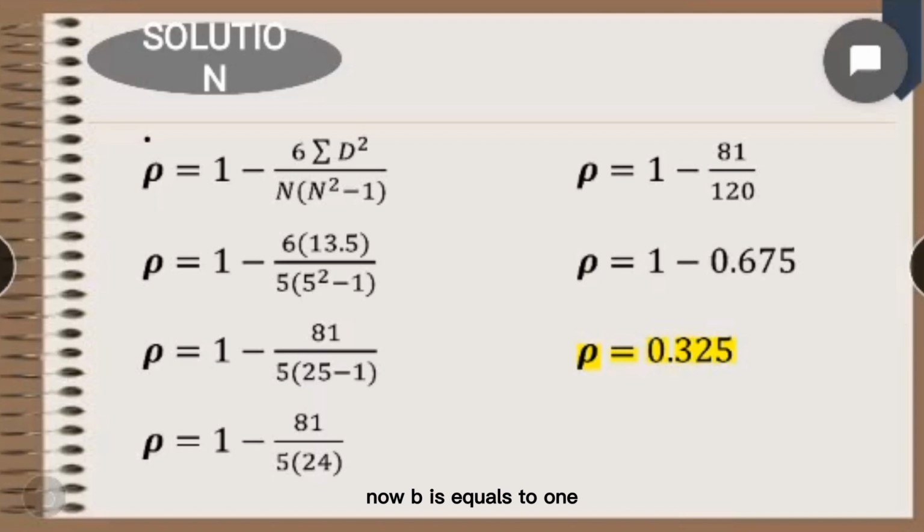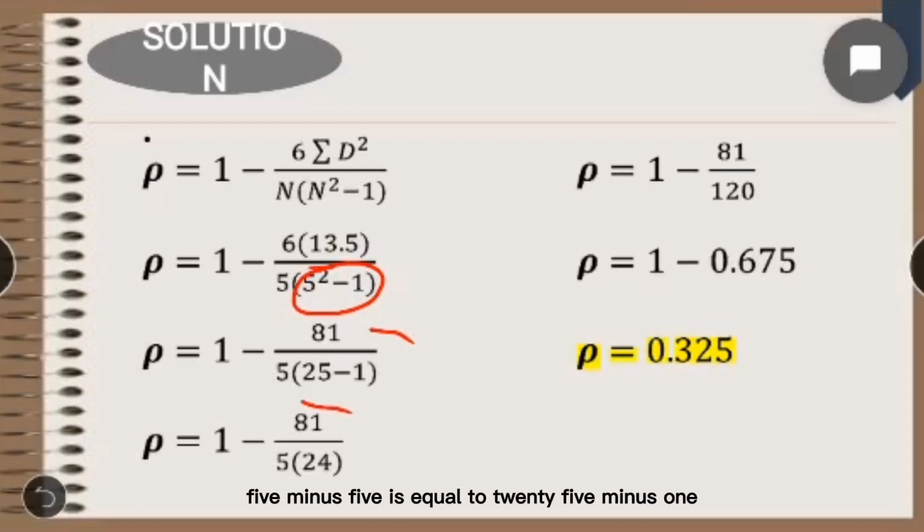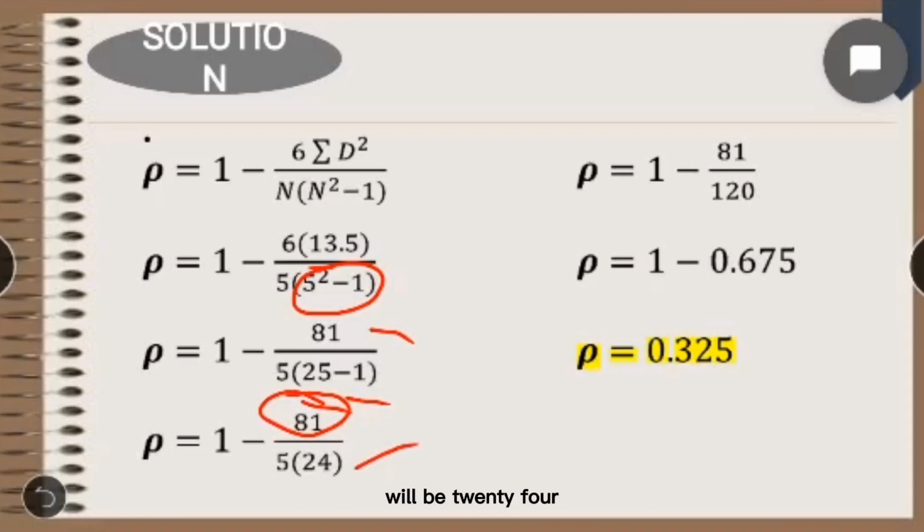Now, P is equals to 1 minus 81, kasi nga 6 times 13.5 is equals to 81. Then, 5 times 5 is equals to 25 minus 1, which will be 24.